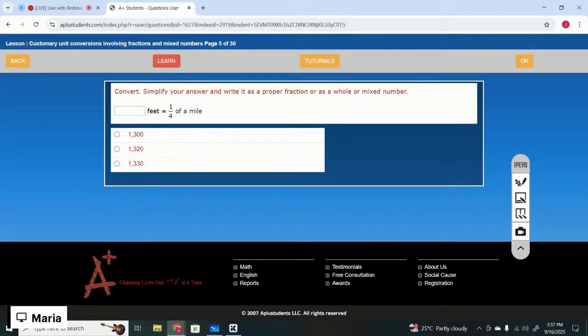How many feet equal 1/4 of a mile? It would be 1,320 feet equal 1/4 of a mile.